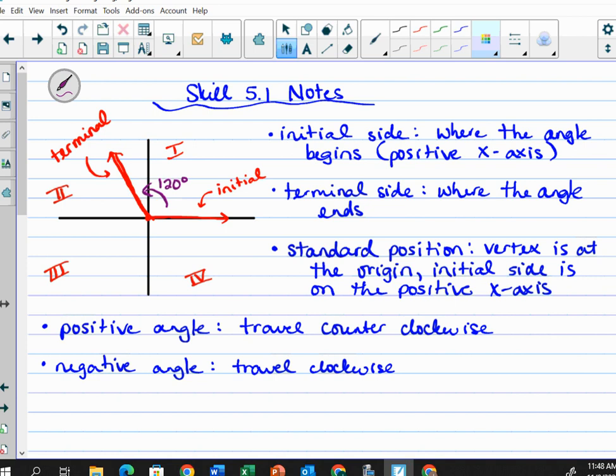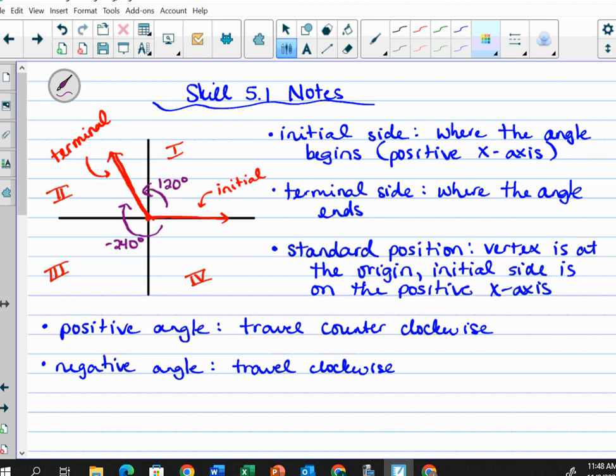So I can show that on the same angle that I drew. Instead of traveling counterclockwise, if I travel clockwise, this has now become a negative angle. How big do you think that negative angle is? Yes, negative 240.